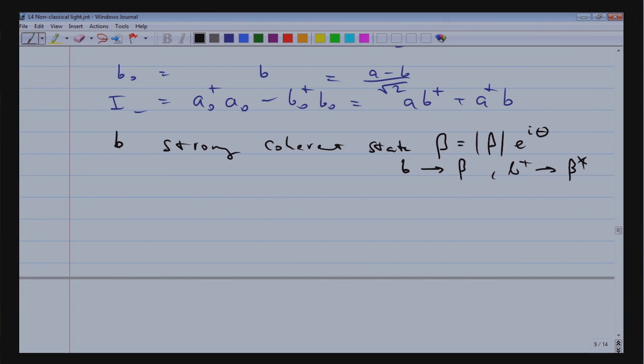And now we can ask, what is our difference signal I minus? Well, the coherent state depends on the phase angle theta, so it will be phase sensitive. But now there is one more thing, and that is if you use a stronger coherent state, of course both of our outputs go up in proportion to beta. So therefore we want to do a normalization by dividing by beta. So this is now our normalized output.